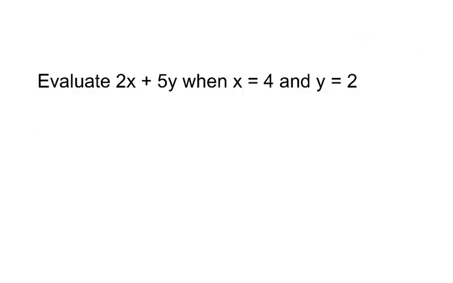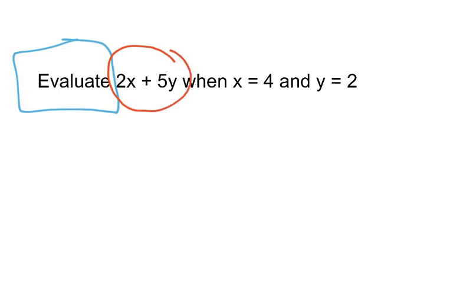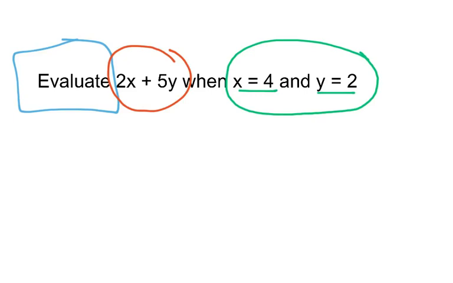All right. Now, when we have this word here that says evaluate, and then we have our algebraic expression, remember x and y can be different values, but in our problem we're assigning 4 to x and 2 to y.